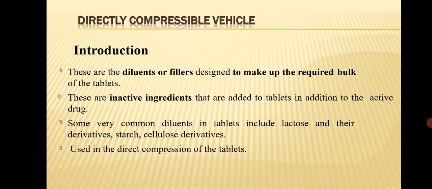The tablet is manufactured by three different processes: wet granulation, dry granulation and direct compression. So the ingredients or vehicles we are studying in this lecture are used for the direct compression technique for the manufacturing of tablets.